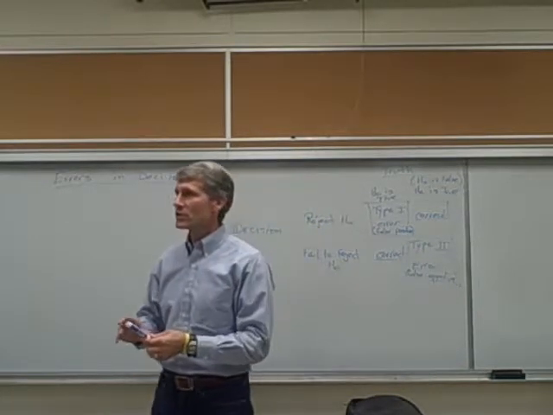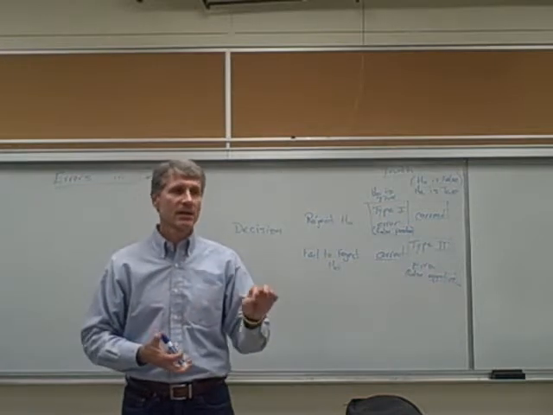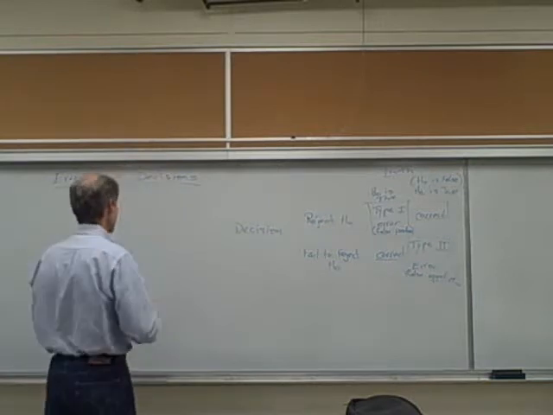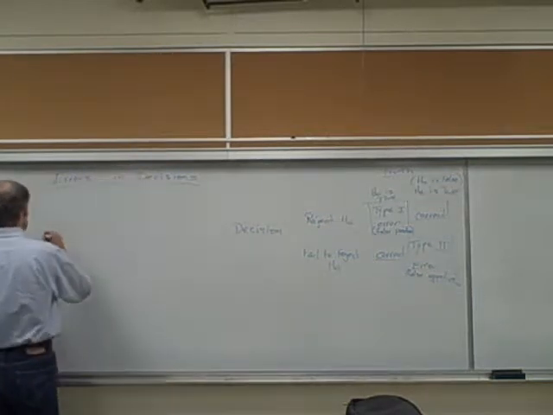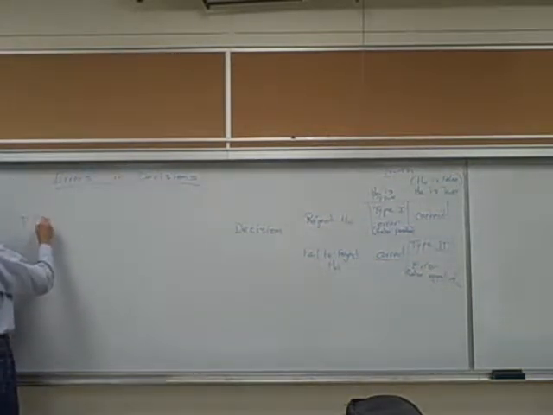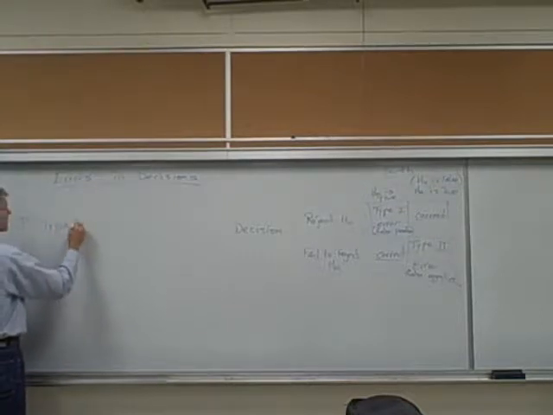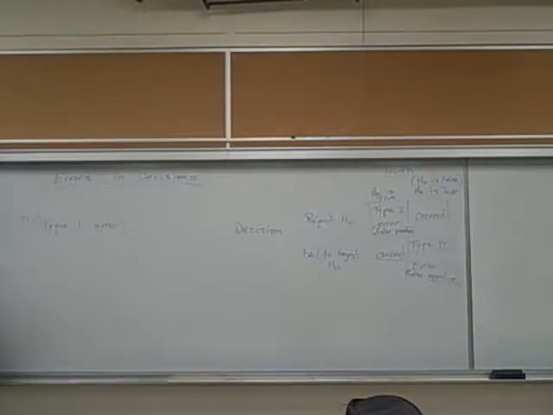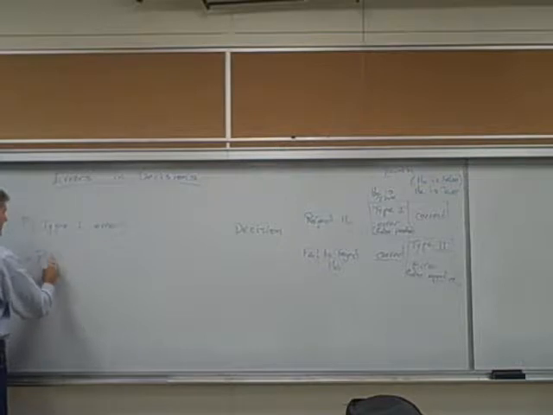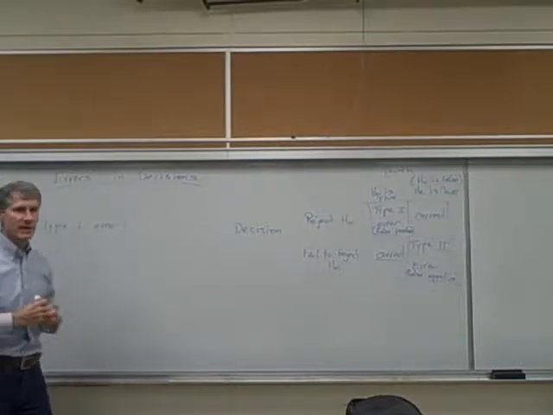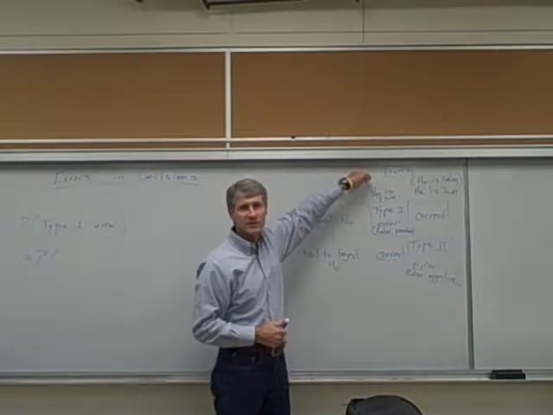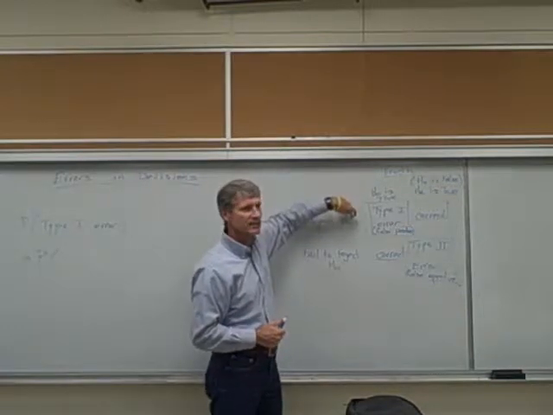But what you can do is control the probability of making an error. So let's talk about probabilities of these errors. The probability of a type 1 error, well, let's write down what that means. If you make a type 1 error, then that's saying that the null was actually true and you rejected it.